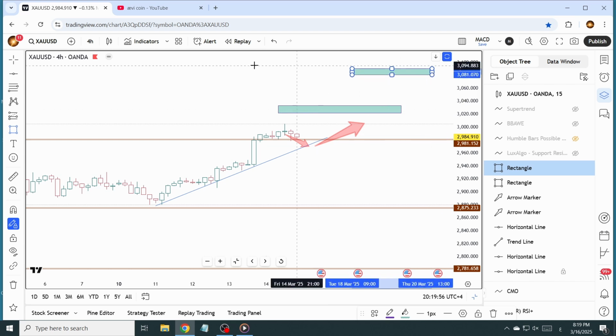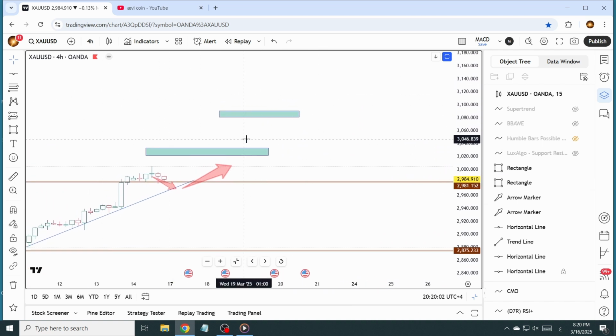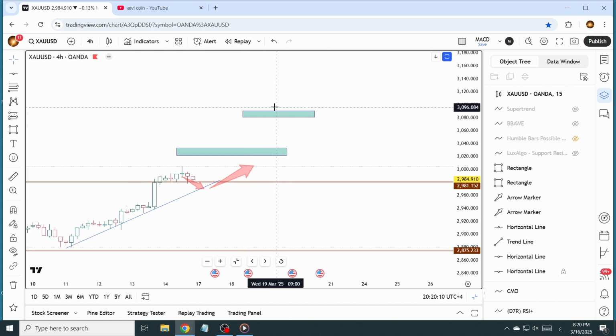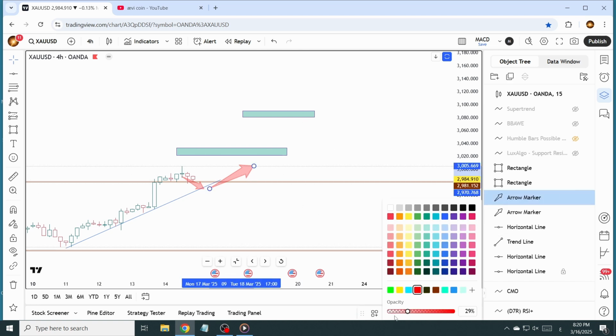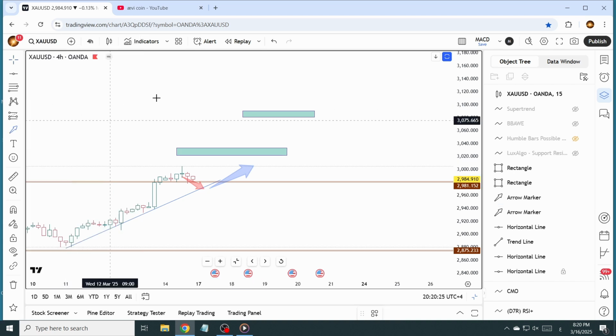Now, once gold reaches this area, it will be entering a very critical zone, and this will cause the price to pull back, and probably we will see a massive sell-off.